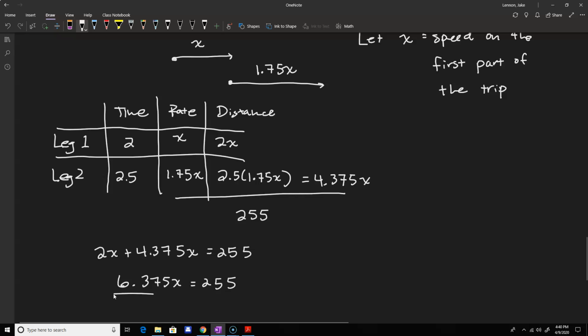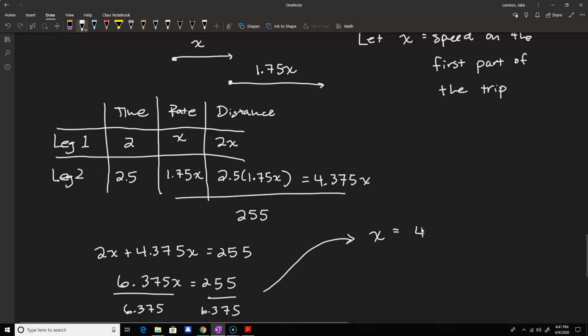And then we want to divide by the 6.375. And we get our answer. x is 255 divided by 6.375, which is 40.